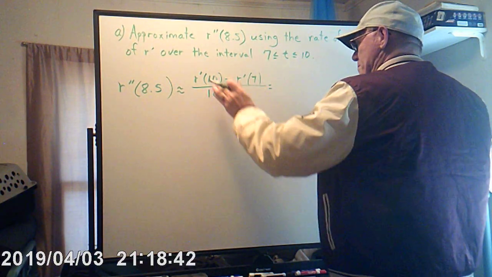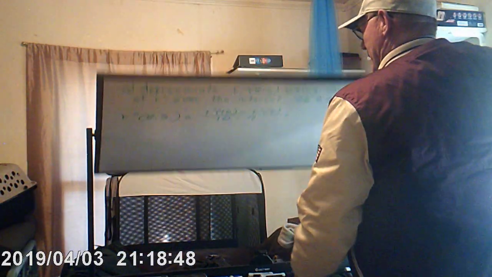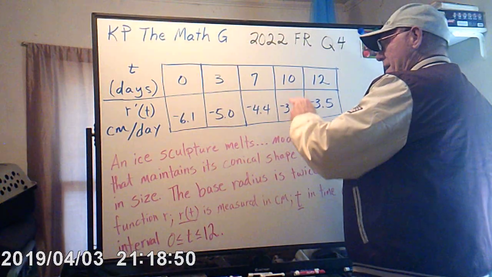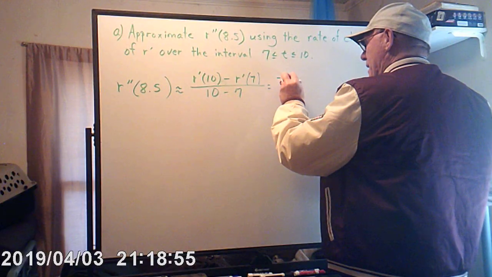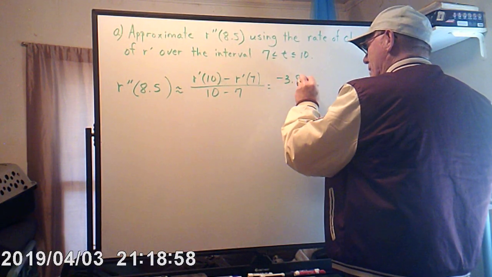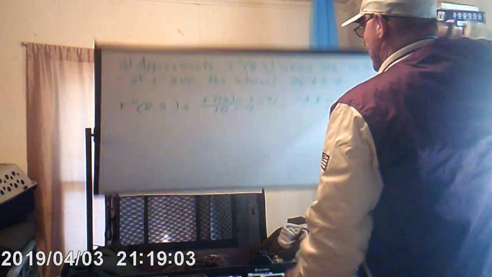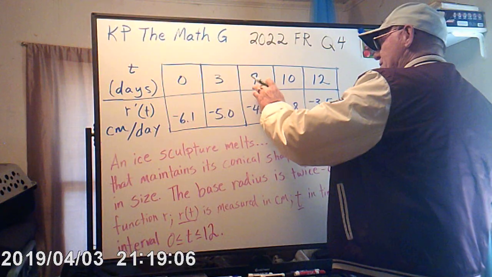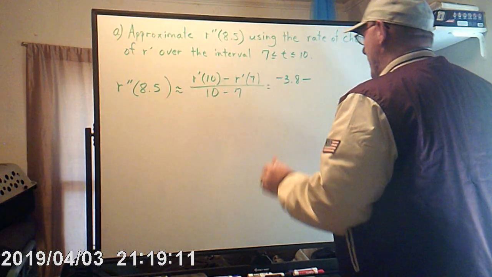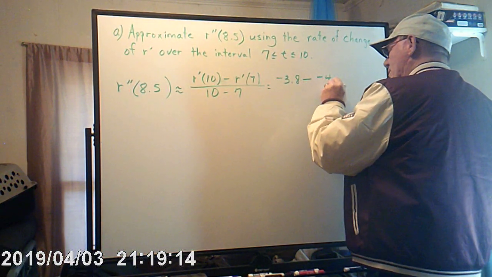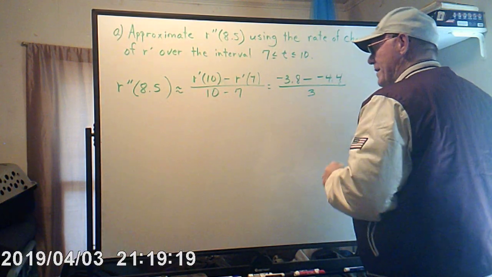So let's put in these values. R prime at 10 is negative 3.8. Minus sign, don't forget that. Then R prime at 7 is negative 4.4. And 10 minus 7 is 3 right here.